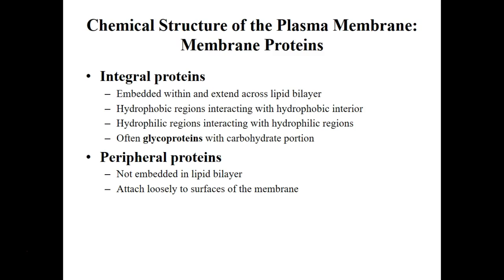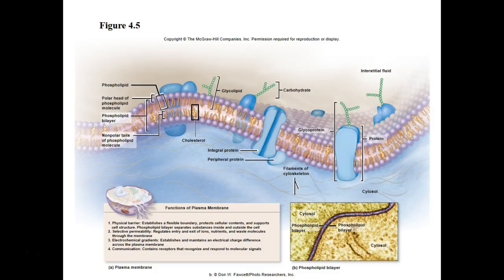Some of the integral proteins are going to be called glycoproteins. Glycoproteins have a carbohydrate group attached. So here you can see a glycoprotein. This would be an integral protein. That would be a peripheral protein, just on one side.